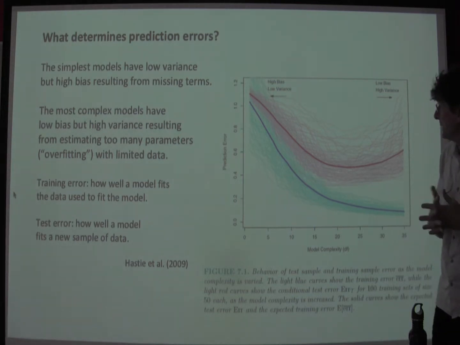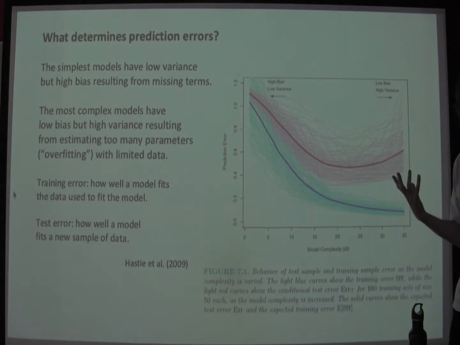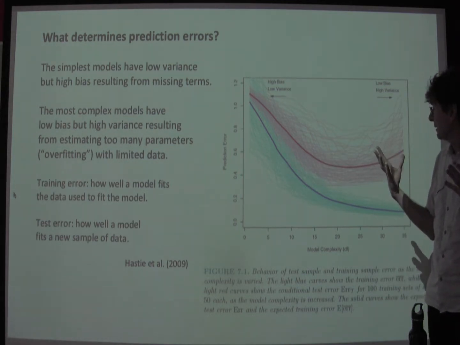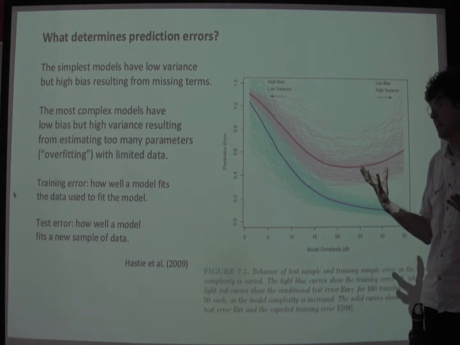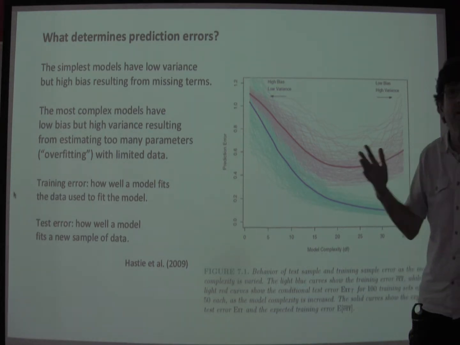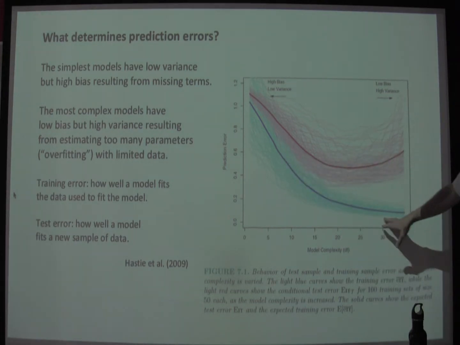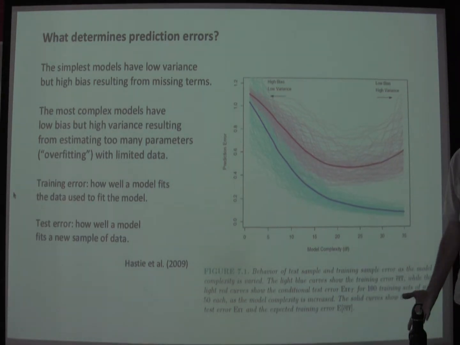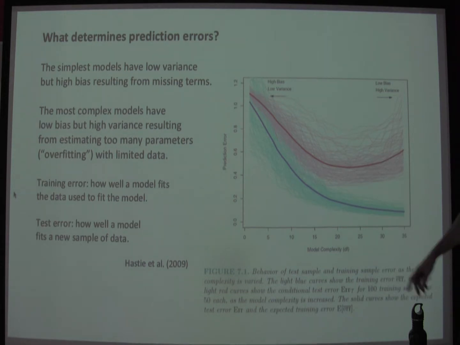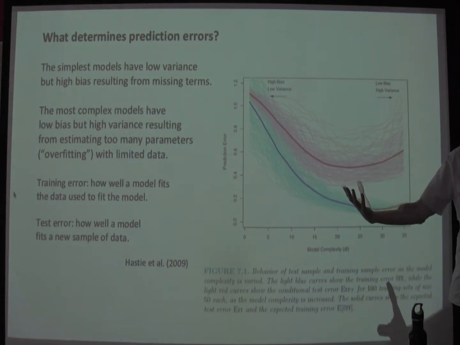But what the person did was, every time a simulated data set was created from a model of known complexity, it was divided into two parts. And the first part was used to generate this curve: how well does it actually predict the data at hand. The red curve is how well it did predicting the other half of the data.